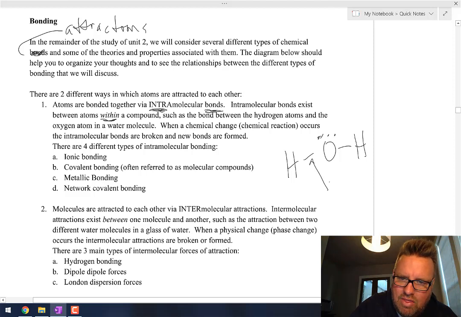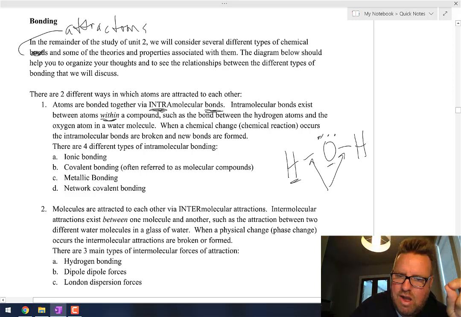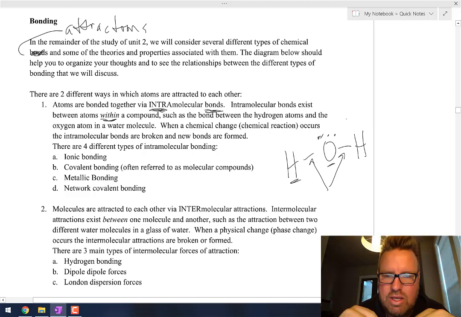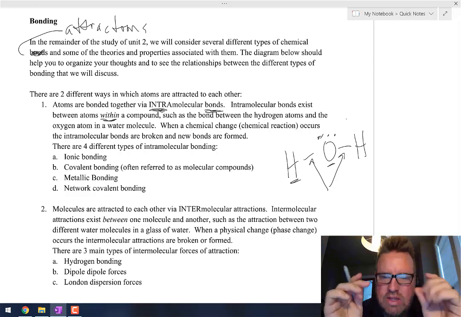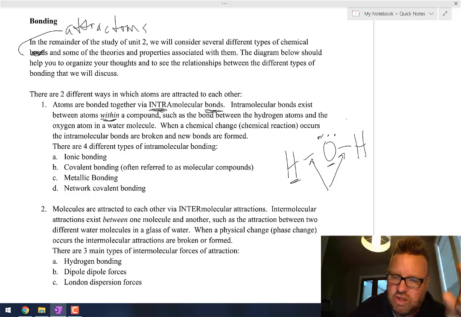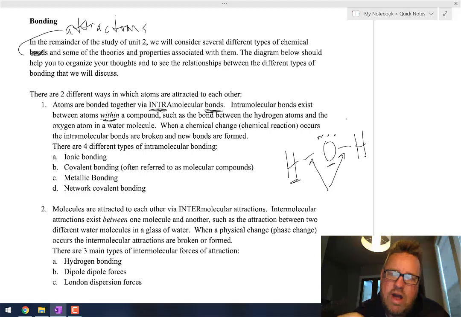That right there is a bond. That is the attraction between a hydrogen atom and an oxygen atom within that molecule. When a chemical change or a chemical reaction happens, it's those bonds that are changing. They're breaking and forming new bonds.